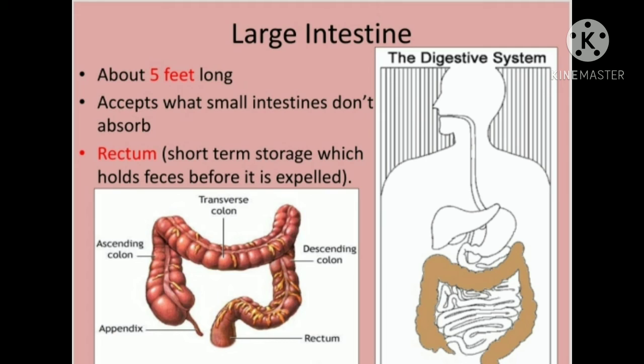When the tumor is formed here, it can convert into cancer. Then this type of cancer is called what? Colon cancer. Fine. I have said this just to give you side-by-side knowledge.